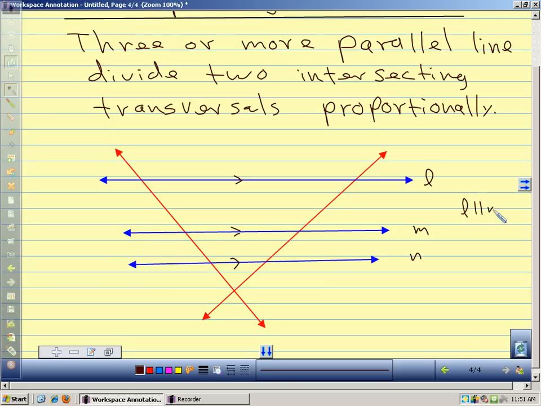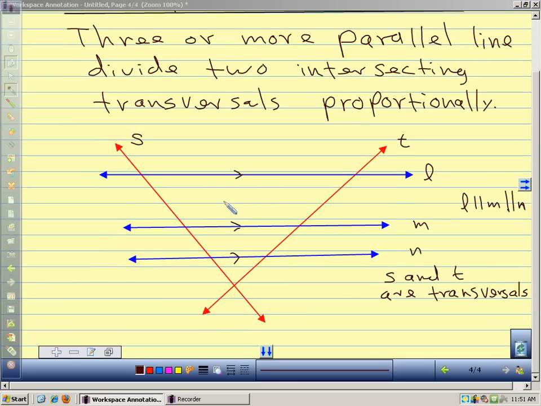L is parallel to M, parallel to N. And we'll call this line S and T. S and T are transversals. So these 3 parallel lines intersect these 2 red transversals that intersect here.